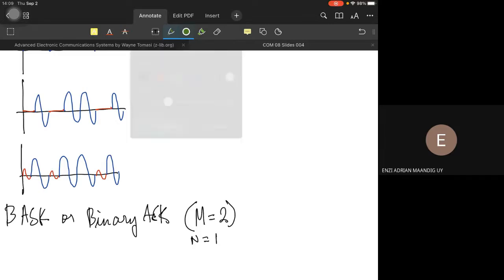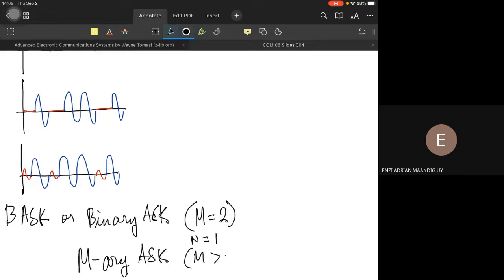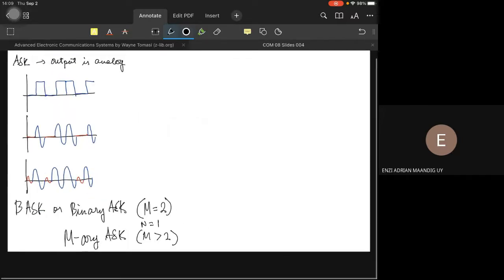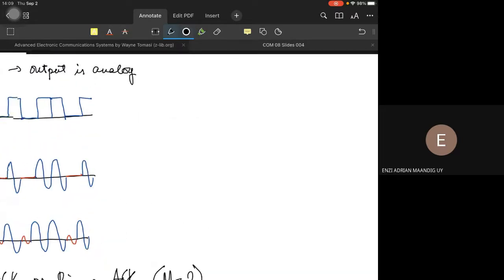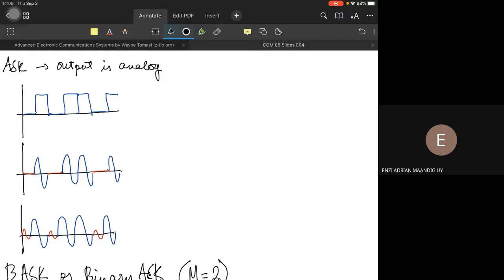Yes. There's also what we call M-ary ASK. Although not very common. No? So M-ary ASK. So M is greater than 2. Could be 4. Could be 8. So all of these three graphs are in the time domain. Okay. Time domain ni sila.